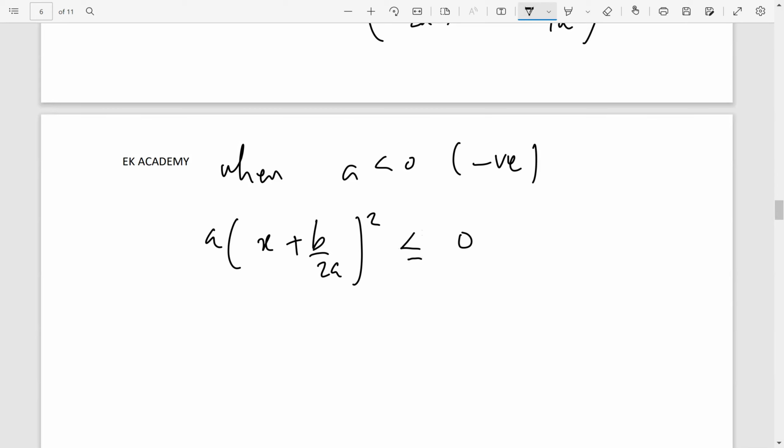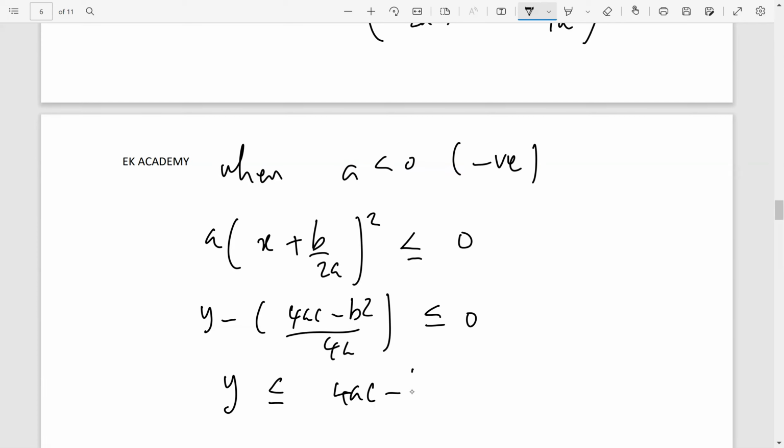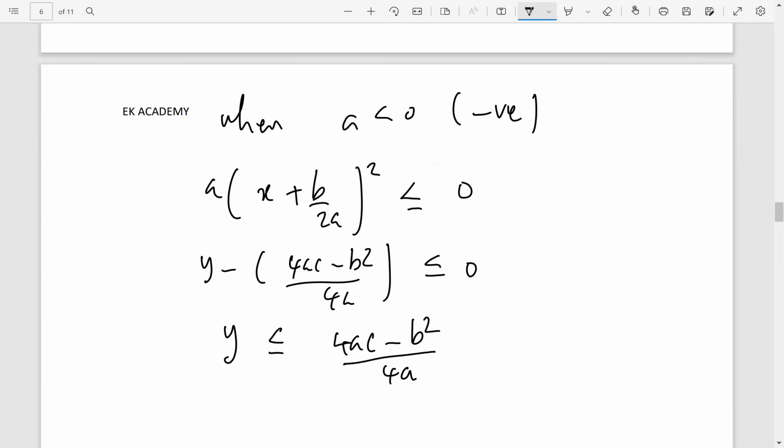So for that case, y minus (4ac minus b squared) over 4a is less than or equal to 0. So basically y is less than or equal to 4ac minus b squared over 4a.